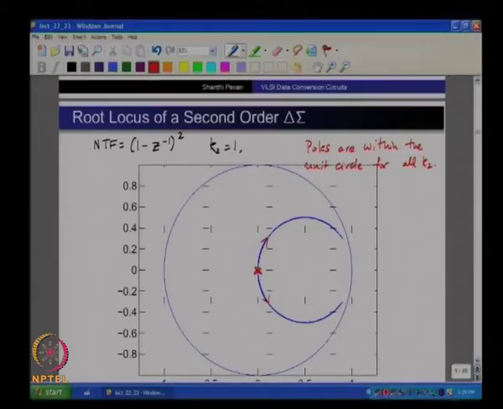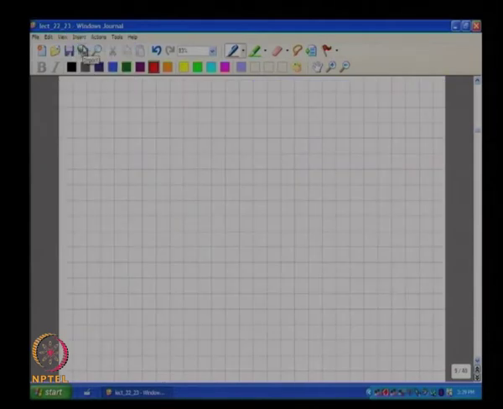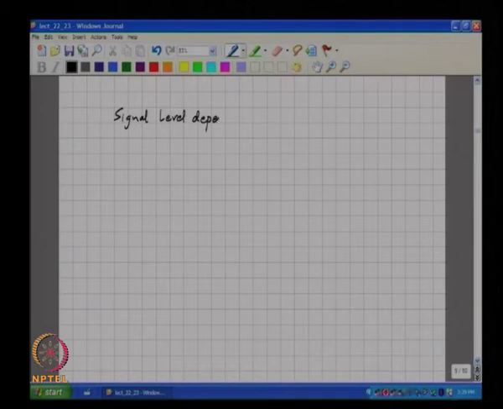In other words, signal dependent stability is something that one has to expect with this kind of system.